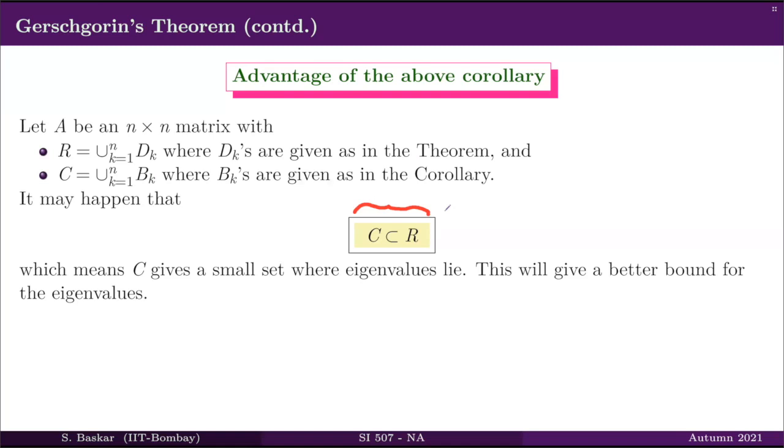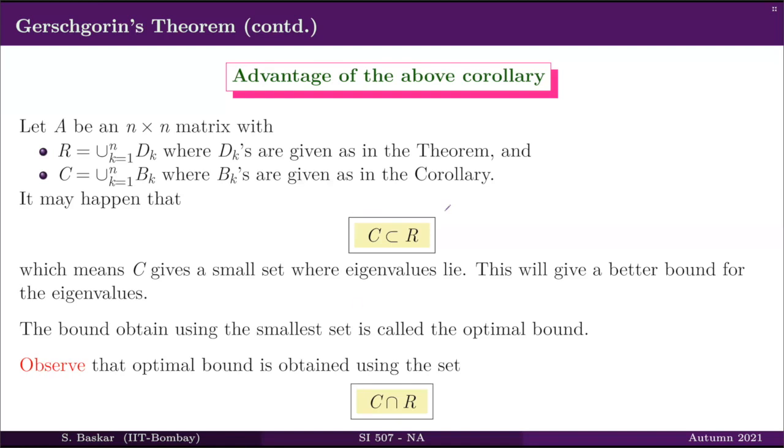So sometimes you may not have adequate information when you work with the Dk's. So what you can do is attempt to construct the Gerschgorin disks for A transpose, and thereby look at the disks Bk to see whether you can have a better conclusion. That is the advantage of the corollary.